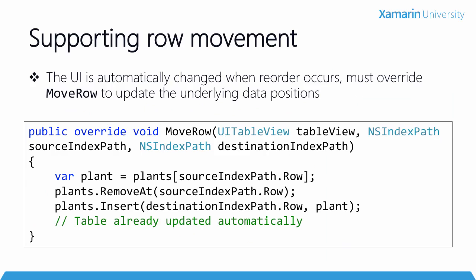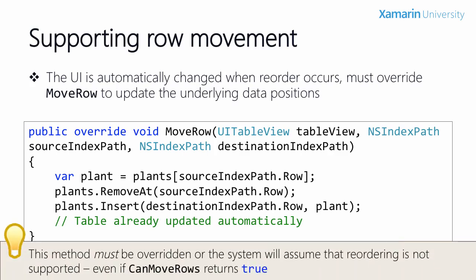In this case, the table view will have already moved the visual cell. There's no need to refresh the table view. This function only needs to reorder the underlying data itself. Because the UI is updated automatically, the table view will not allow row movement unless you override this method. So the UI will not be shown if this method is not overridden.